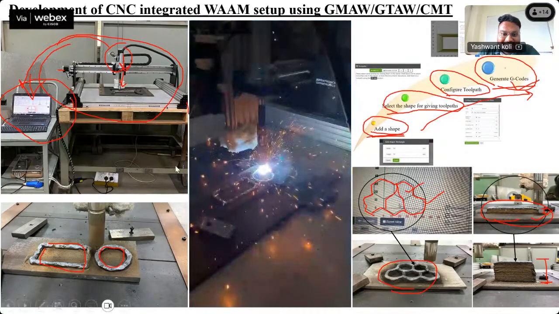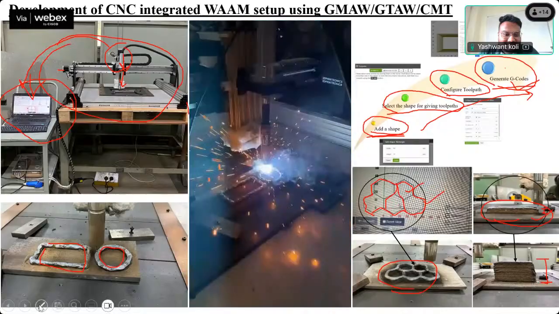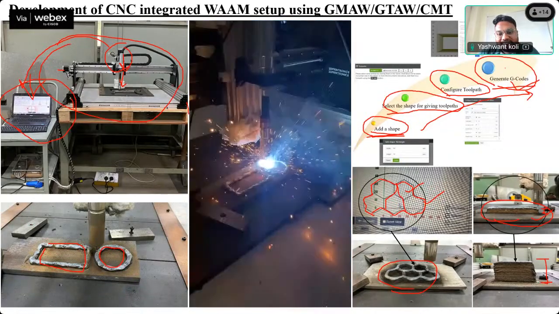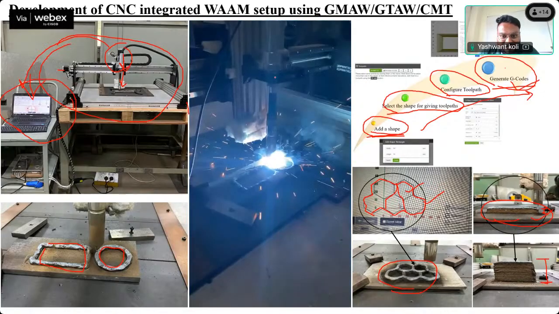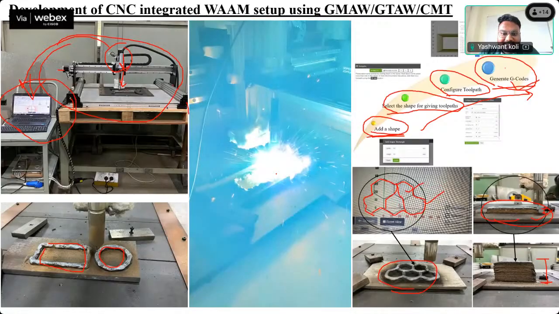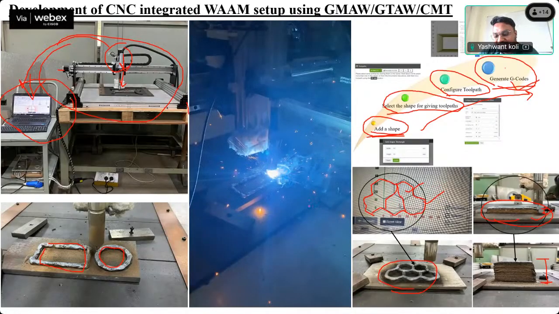The sparking, you can see, is high because of the process. The holder is the same; if we use a CMT torch in this, the arcing will be very low, and spatter will be very low. So the machine will be the same, but the torch we can change: we can use a TIG torch, a GMAW torch, or a CMT torch.